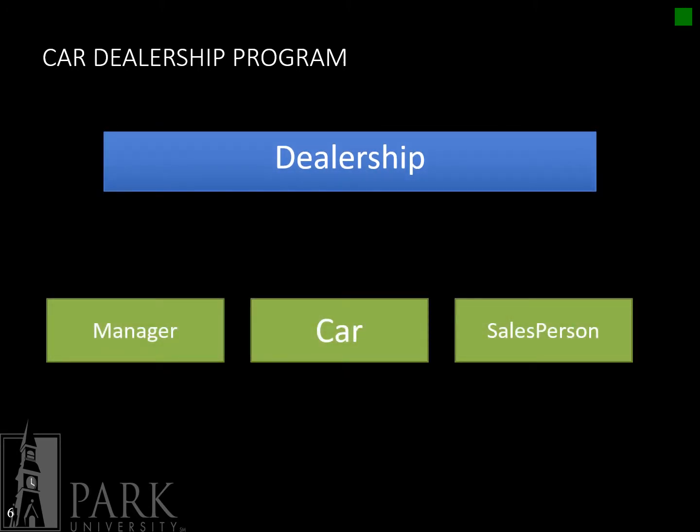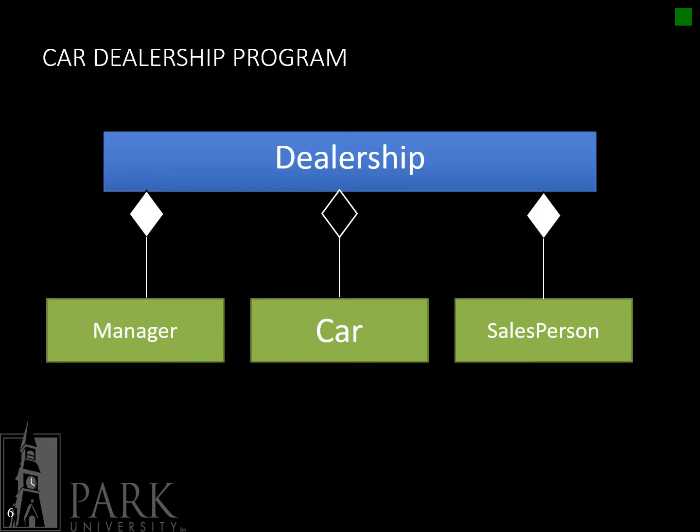Well, it's both. This is a combination of a composition and of an aggregation. The cars belong to the dealership, but what about the salespeople and the manager? Do they solely belong to the dealership? No, they don't, right? They can belong to other things.